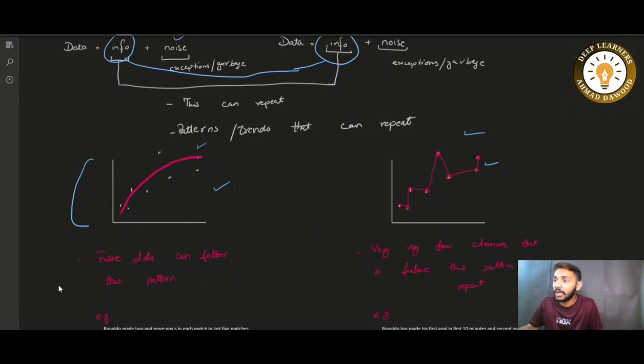On the other side, if we see this model, here the model is trying to capture each pattern or trend of each data point. This has led to a very complex, very non-linear model, and it is capturing all the training points very perfectly.